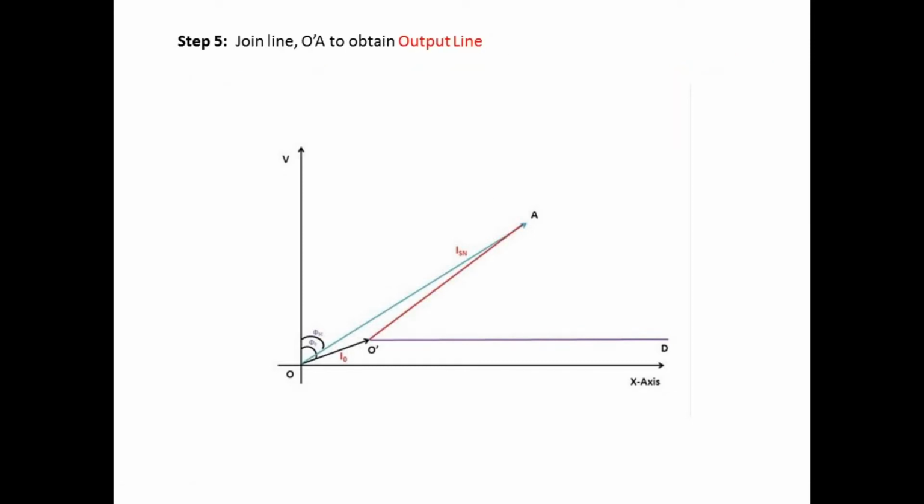And next we can join this line O dash A. This is called the output line, and A is lying on the locus of the circle.